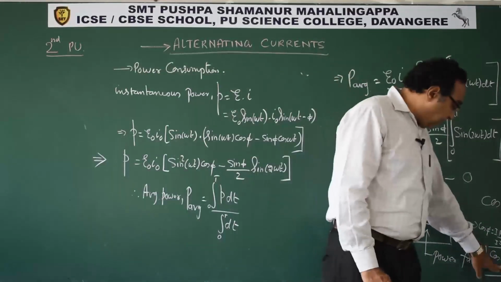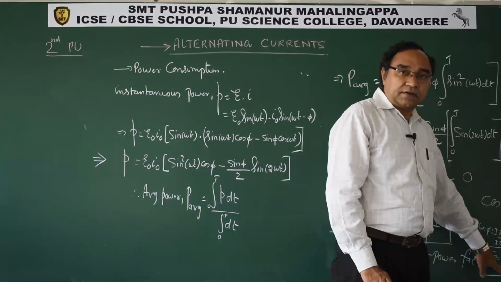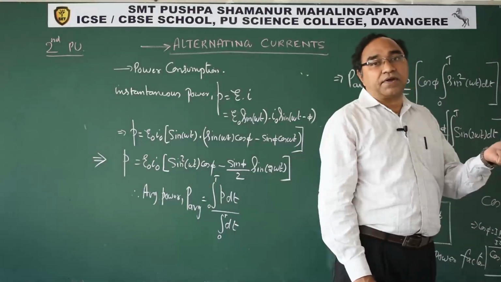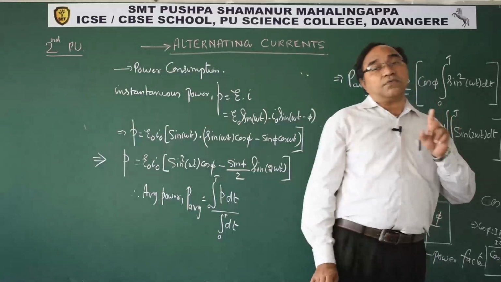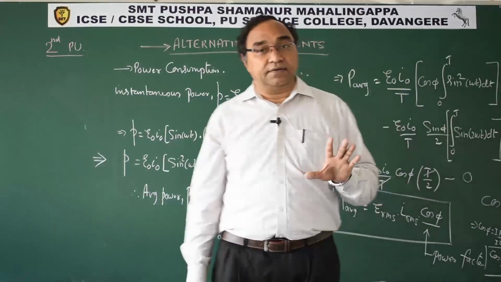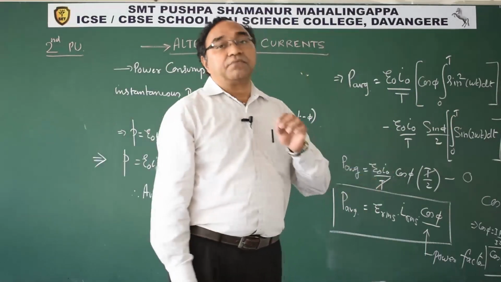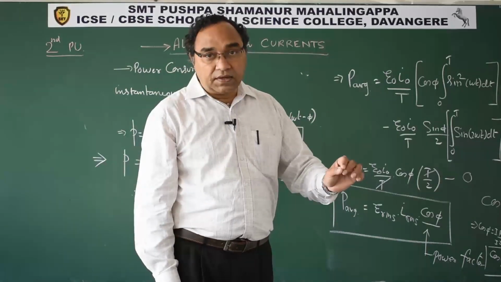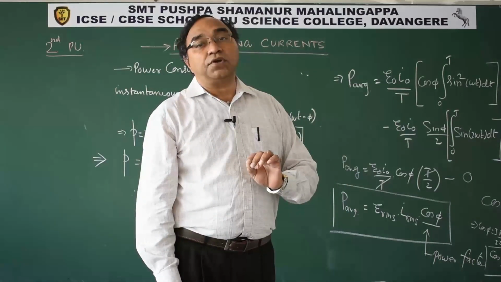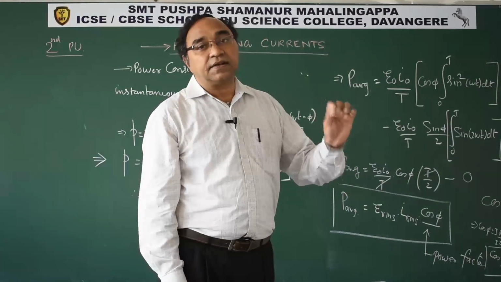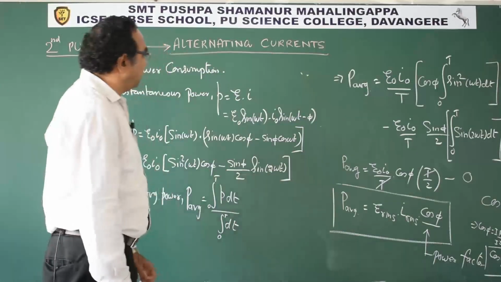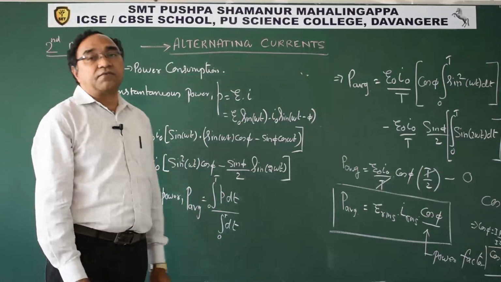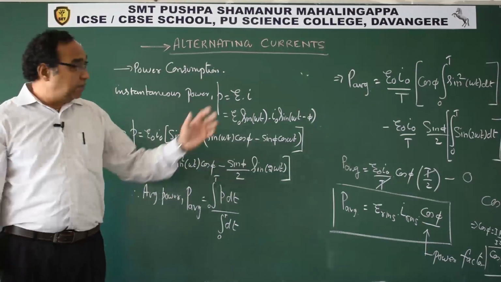Remember, phi is not the power factor. Cos phi is the power factor, not even tan phi. Only cos phi is the power factor. Phi is the phase difference between applied voltage and current in that AC circuit. Okay, that is exactly how the AC circuit with LR can be analyzed.